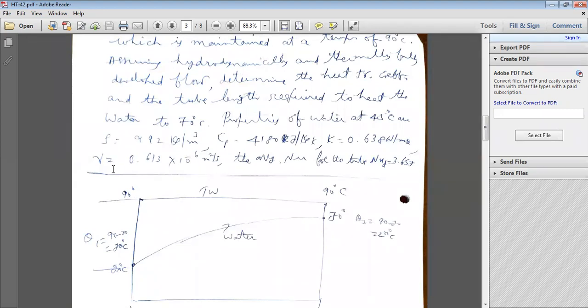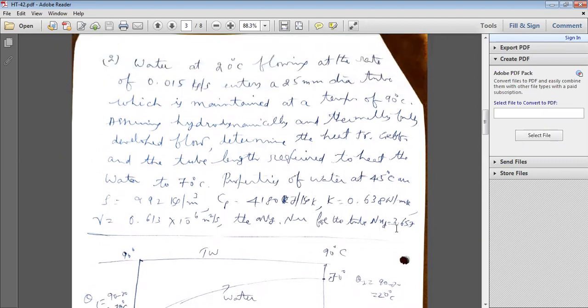And kinematic viscosity is equal to 0.613 into 10 power minus 6 meter square per second. And the average Nusselt number for the tube, Nu_D, Nusselt number for tube of diameter D, 3.657.